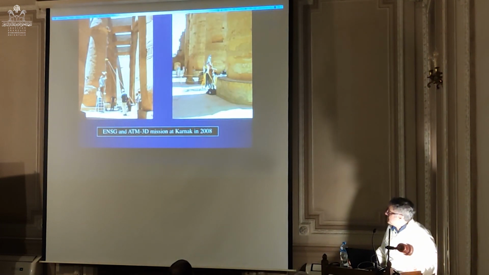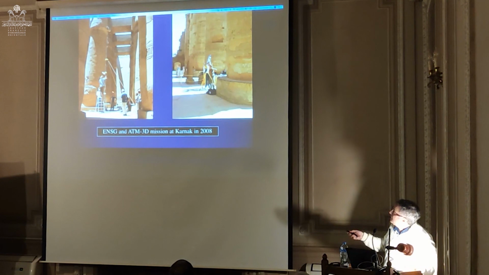So in 2008, when Emmanuel Larose was the director of the Centre Franco-Égyptien, he and the École Nationale des Sciences Géographiques in Paris, as well as a private firm, ATM 3D, proceeded to build a 3D model of the hall, and also to take pictures of each column.